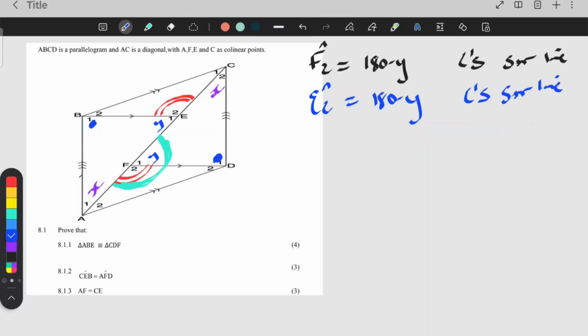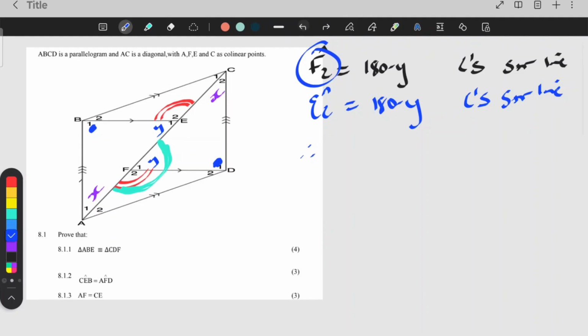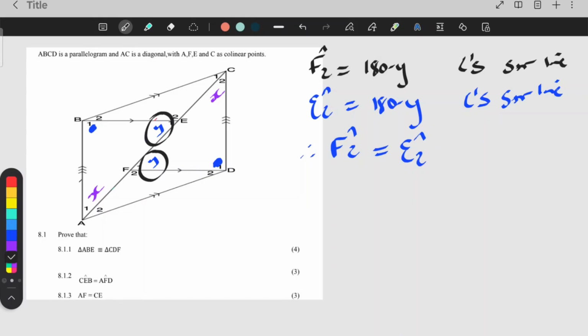And there I proved it. Therefore, F2 is equal to E2. Because remember, I had to prove that this is equal to that. So therefore, F2 is equal to E2. And you can make the angles y, eh? In grade 10, if you want to start with saying this is y and this is y, E1 is the same as F1. Why? Because of congruent triangles, okay?